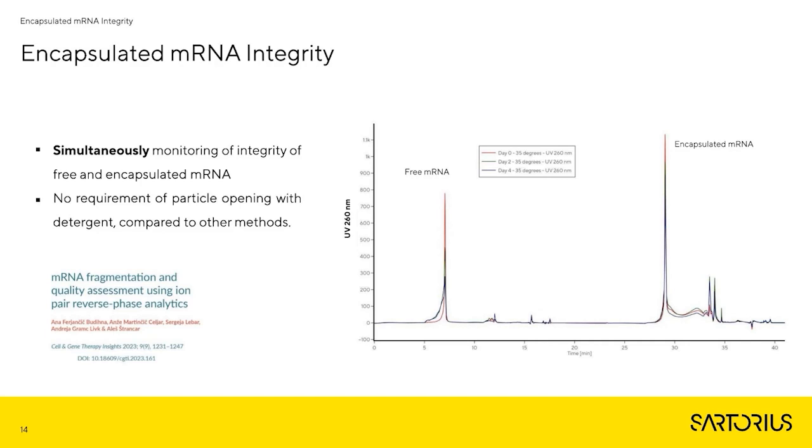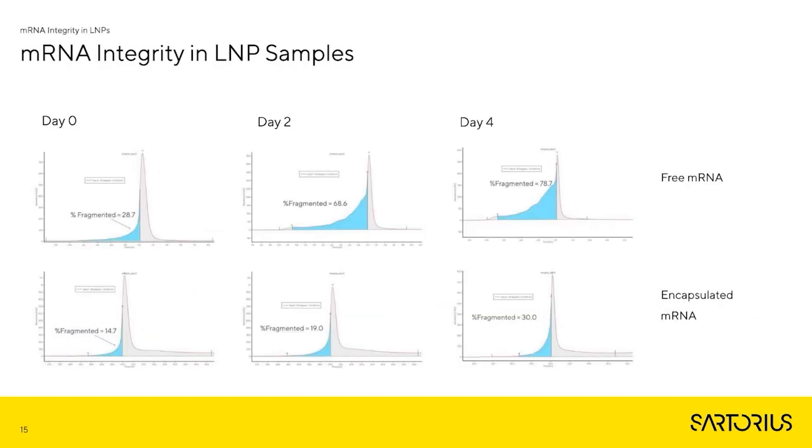And there's an article on how to do this using reverse phase ion pair chromatography to determine the integrity of your payload of each separately: free and encapsulated. And you see for free RNA, at high temperature, 35 degrees, it's fragmenting very quickly, while the encapsulated RNA is fragmented quite slowly. You can see that it's more protected than the free RNA.